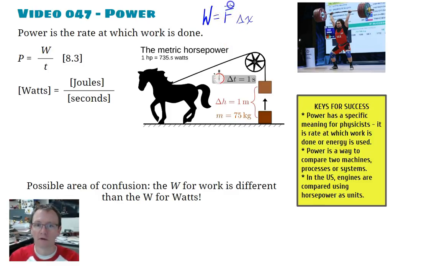And just a reminder that those two are both vectors, and they are either going in the same direction or going in opposite directions. If they're perpendicular to each other, we know that the force could not have caused the displacement, and therefore there's no work being done.